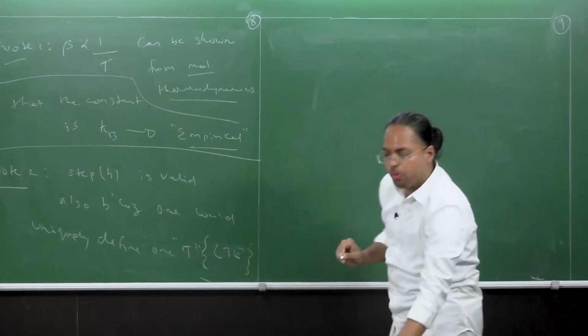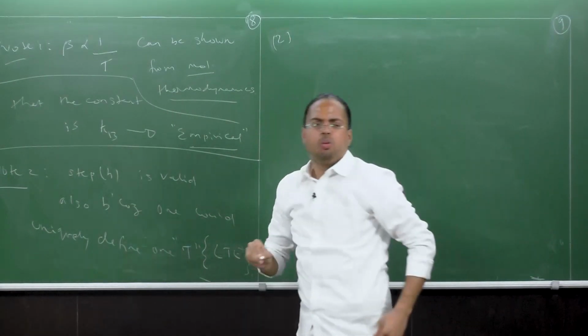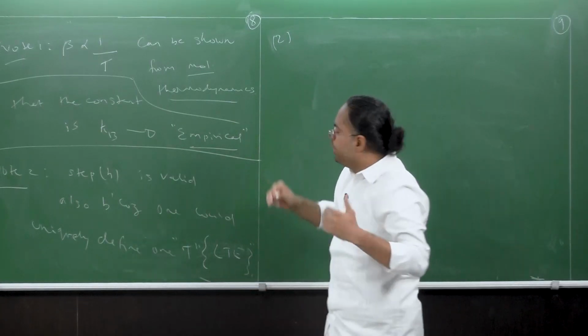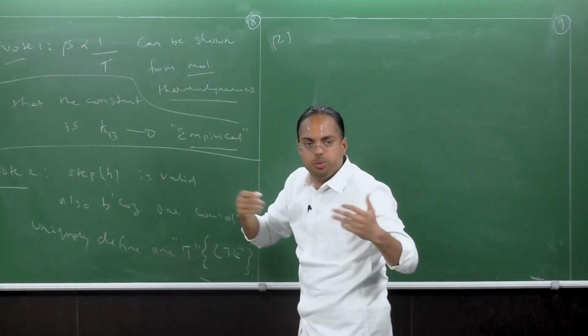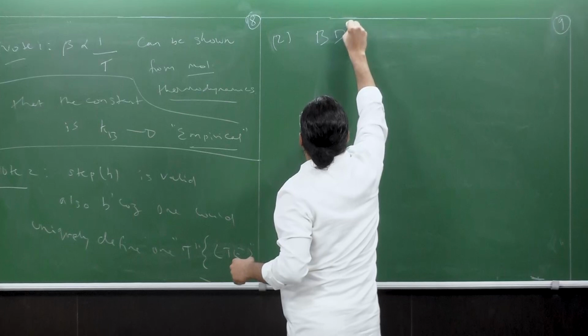Okay. So the next question in this tutorial is going to be, now we have some expression. Let's say the expression we had was for the Boltzmann distribution, which I'll just call BD.